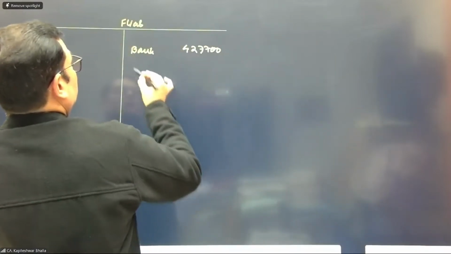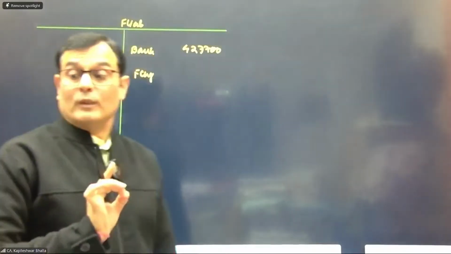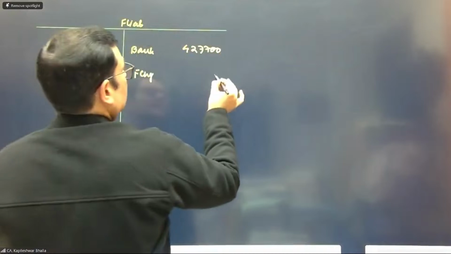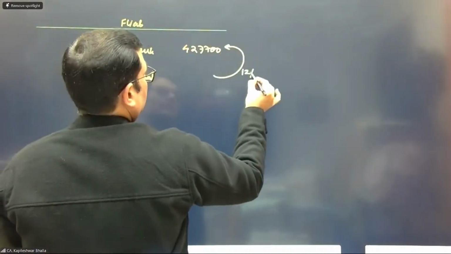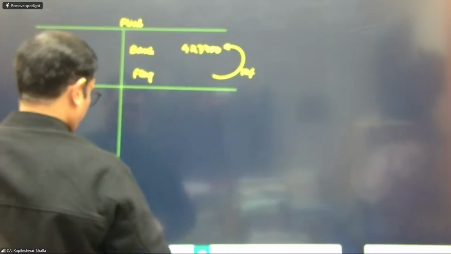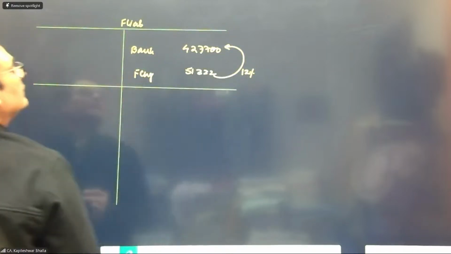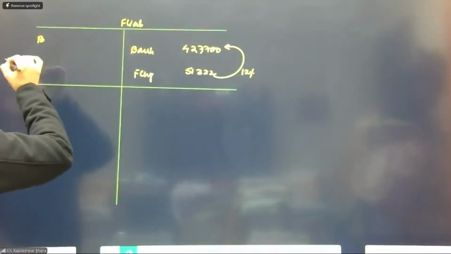So what is the rate at which the unwinding will take place at this stage? 12%. So let's see, 12%, what is the unwinding? 51,324.